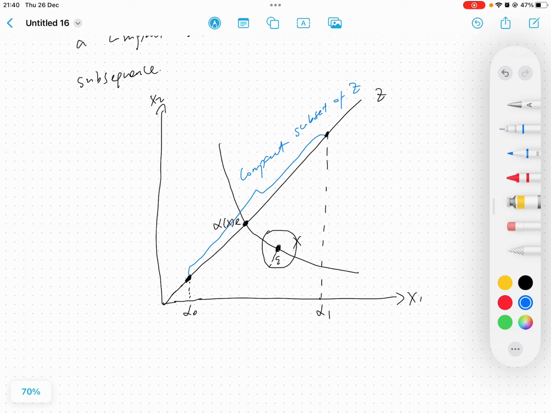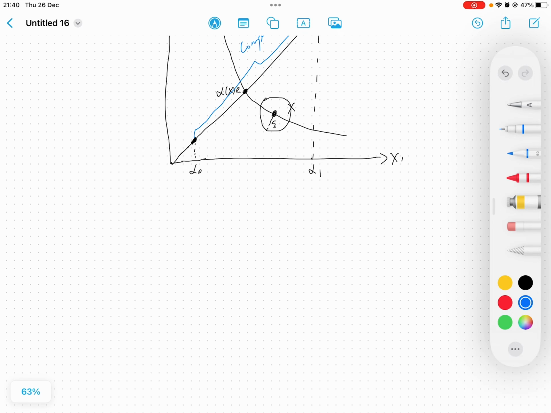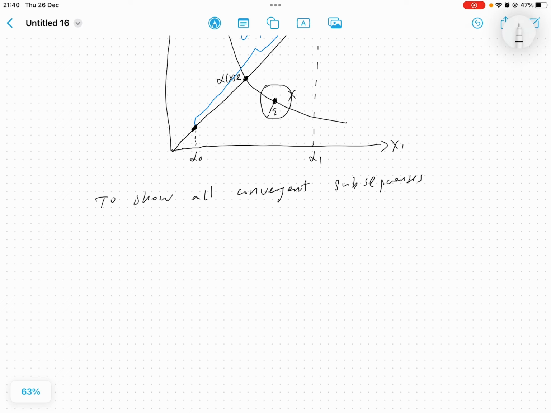So what remains to show is that all convergent subsequences of alpha xn, so the subsequences of that, converge to alpha x.